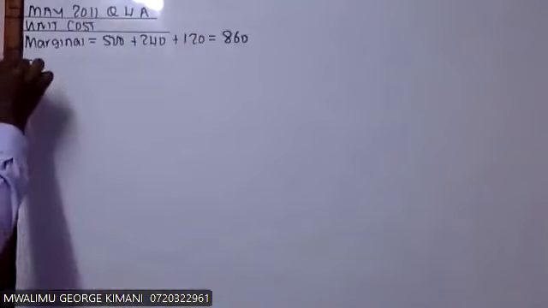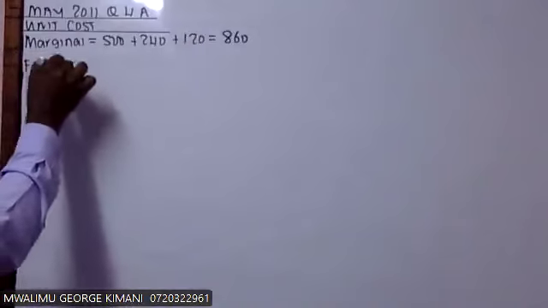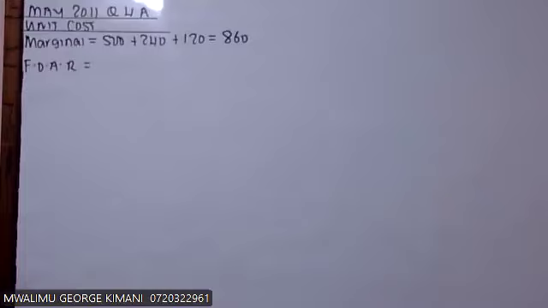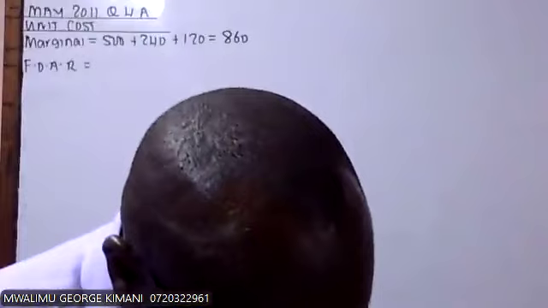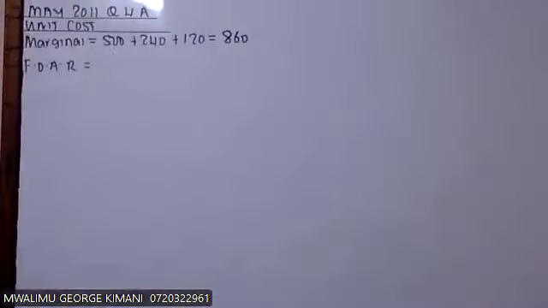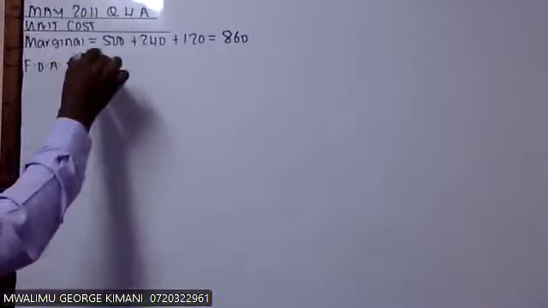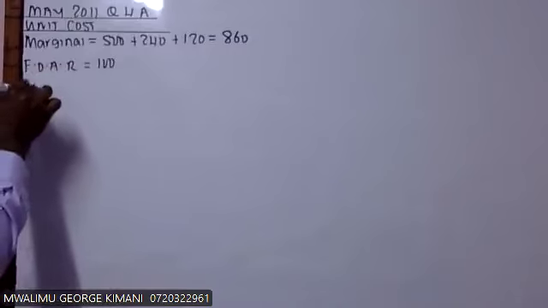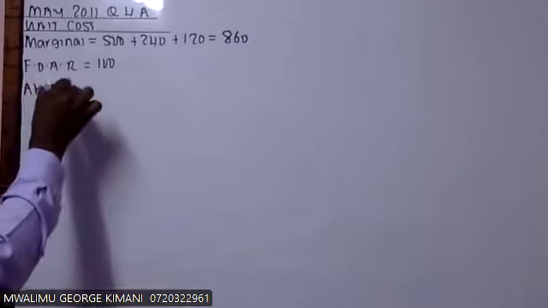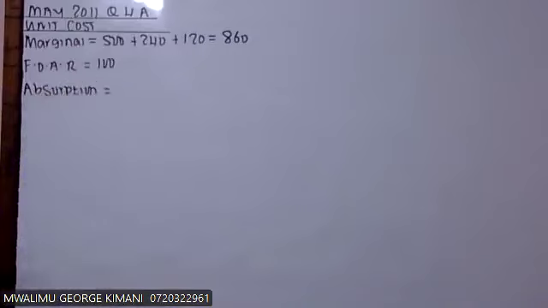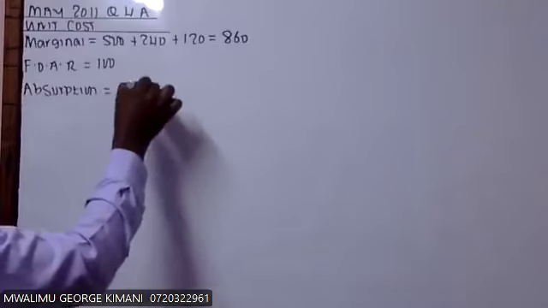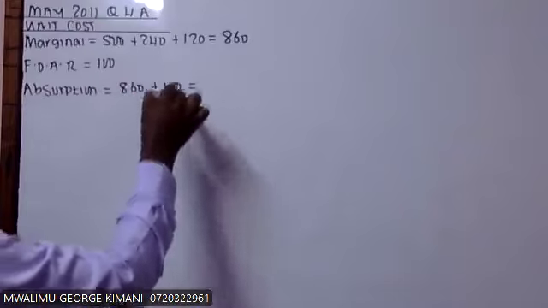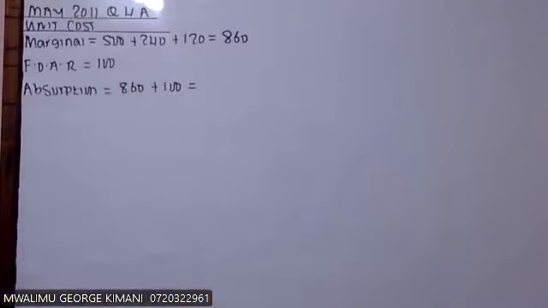Then we get the fixed overhead absorption rate. The fixed overhead absorption rate is the fixed production cost per unit, which we are given as 100. Then we get the one for absorption. For absorption, you take the 860 and add the 100.